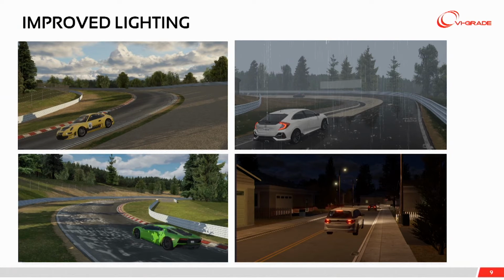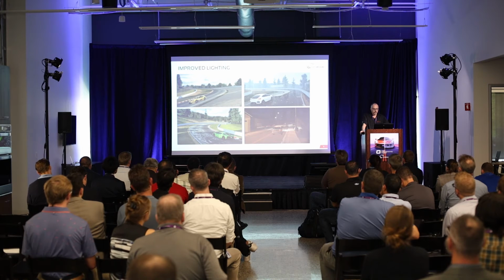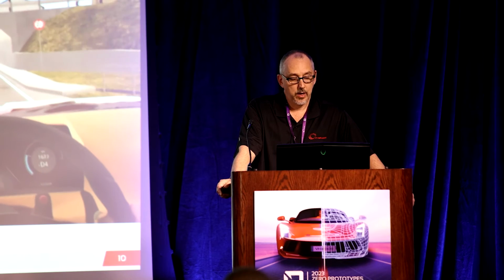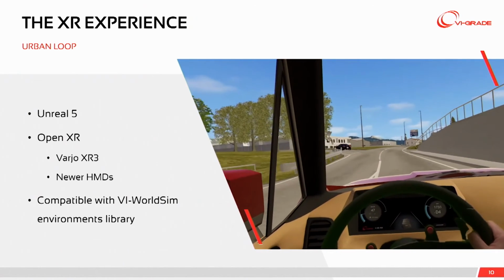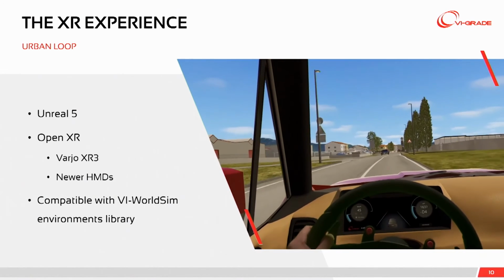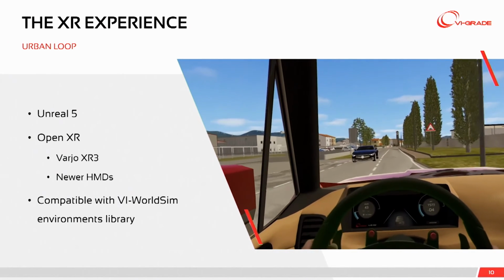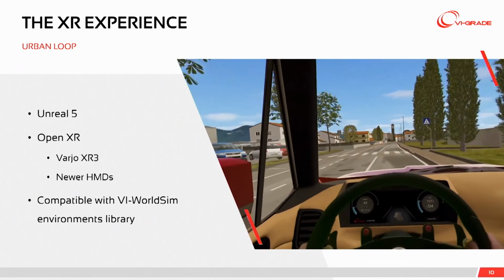Obviously, there's a significant improvement in the graphics related to WorldSim in this upcoming release when it comes to lighting and a number of other places, because this is the version that's migrated to Unreal 5. And then, as we showed in the example, there are several head-mounted display options that you can do.